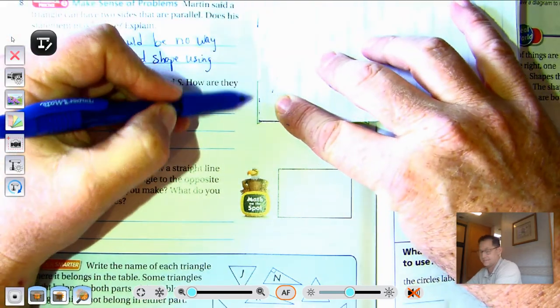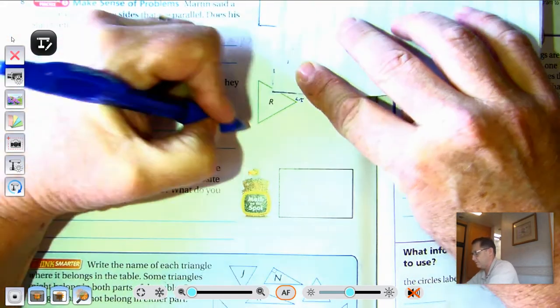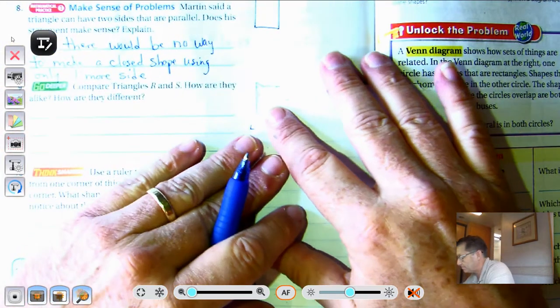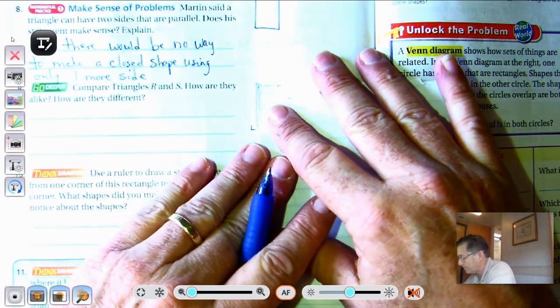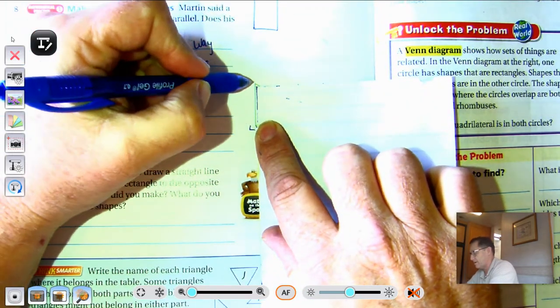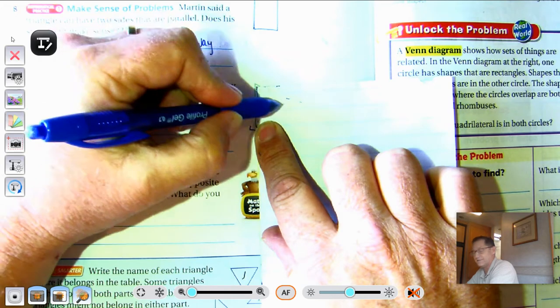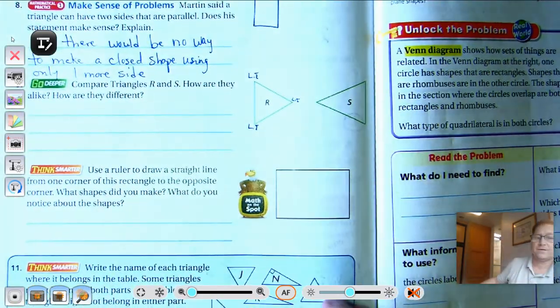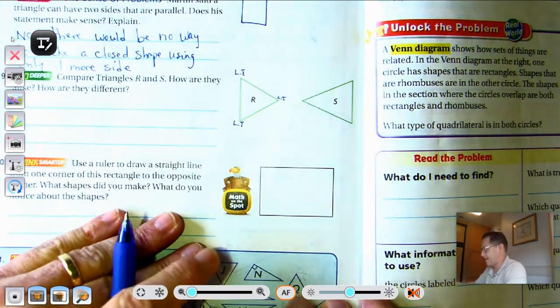Okay, so this angle is also less than a right angle. And the last one. Okay, I see the green line here, but I won't be able to see the other side, so that's less than. So all three angles of R are less than a right angle.